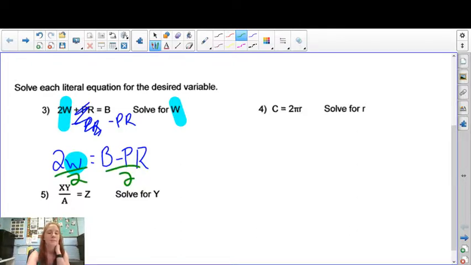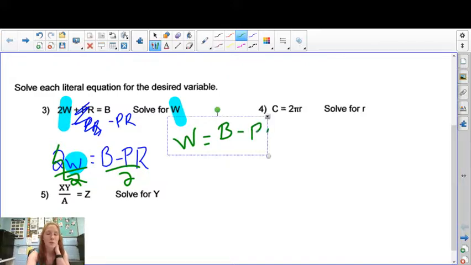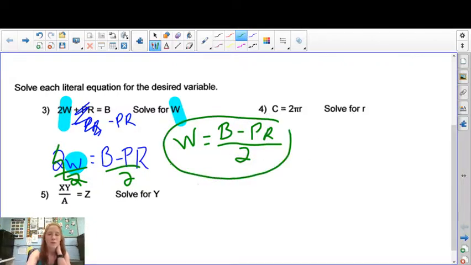Good call. What I do to one side, I do to the other. Those cancel out, and I'm only left with W. And so W is equal to B minus PR all over 2. And that's my final answer. Sorry, I wrote into the next problem. Oops.